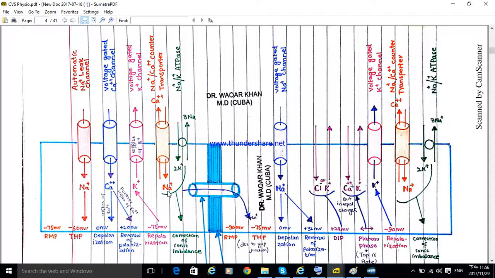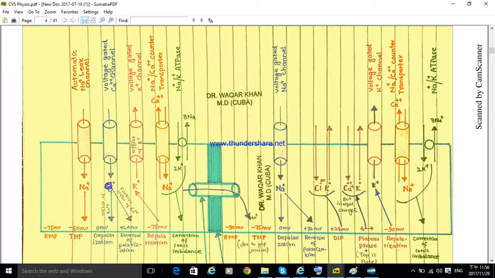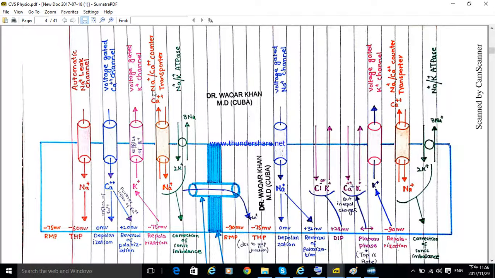I am telling you once again, there is influx of sodium and calcium and efflux of potassium. So to make calcium go outside, we have this sodium calcium counter transporter, and due to this transporter more sodium will come in.